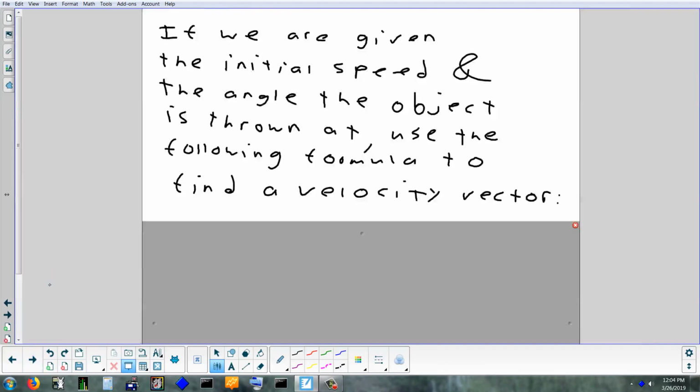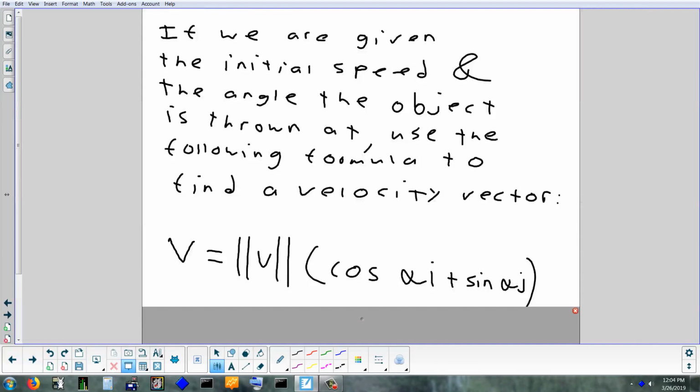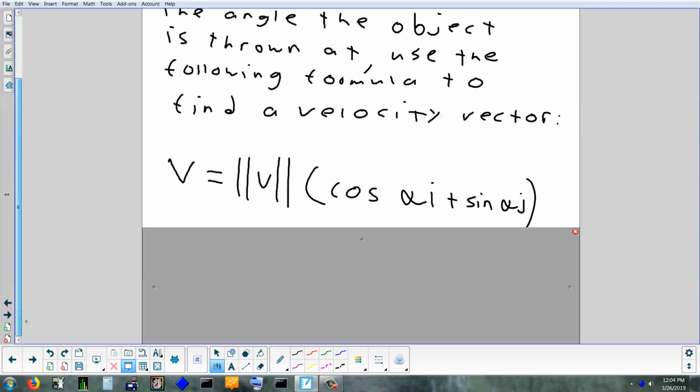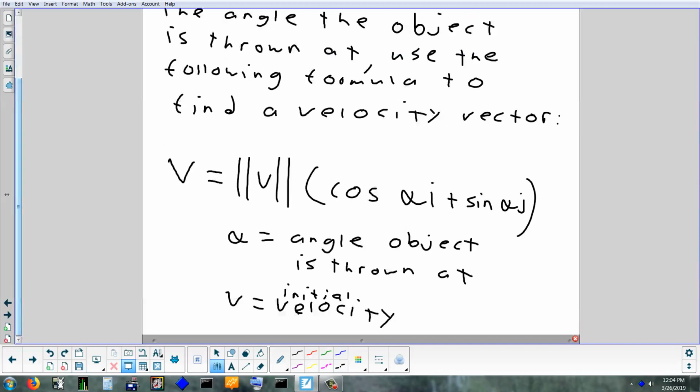All right, so it's the same formula again. If they give you the initial speed and they give you the angle you're throwing the object at, this is the formula to use. Just remember, alpha is the angle, magnitude of V is the velocity.